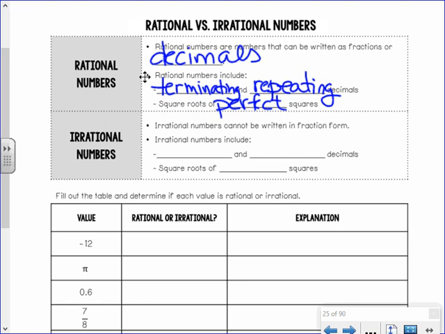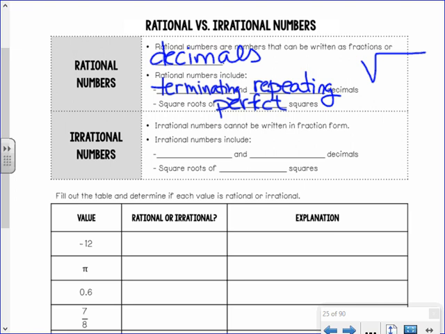So if you have a fraction, if you have a decimal that terminates or repeats, or if you have the radical sign with a number underneath it that is a perfect square, remember this is the radical sign, okay? Those are all what we call rational numbers. Now, if those are rational, can we use the prefix IR, because that's what makes the word irrational?